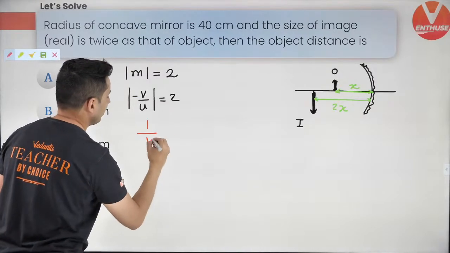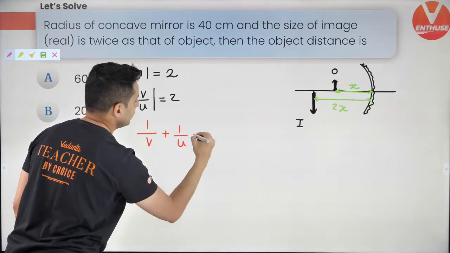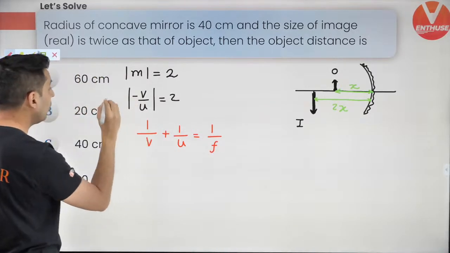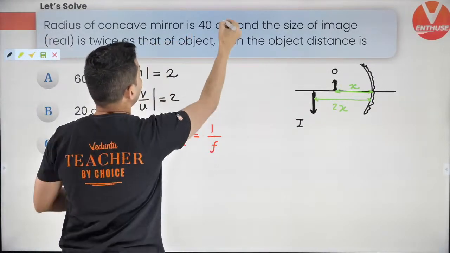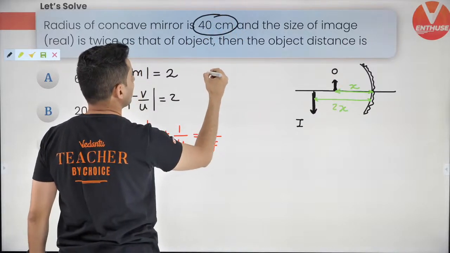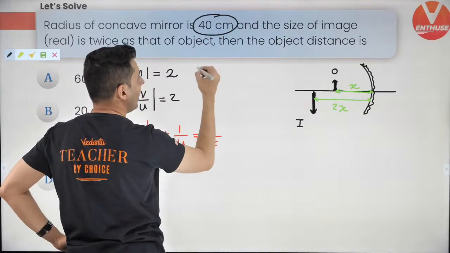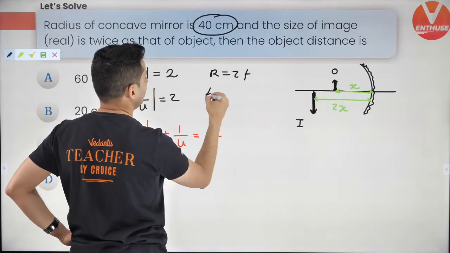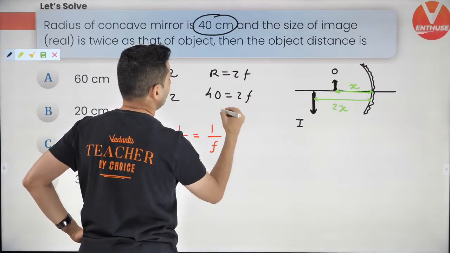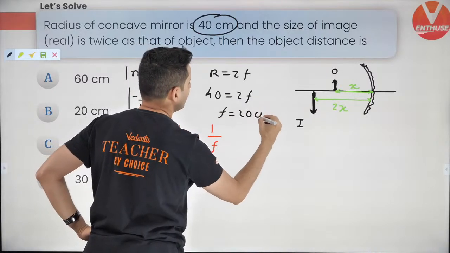In the formula, 1 by v plus 1 by u is equal to 1 by f. Before that, I also need the focal length. Radius of curvature is 40. And if r is 40, remember r is 2f, so focal length is nothing but 20 centimeters.